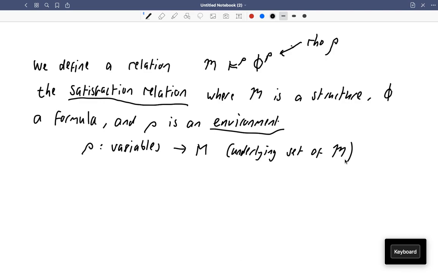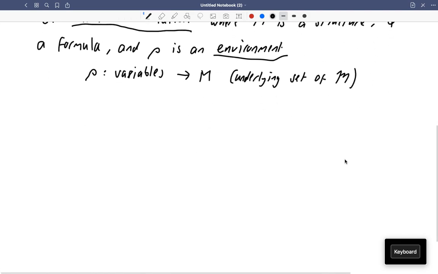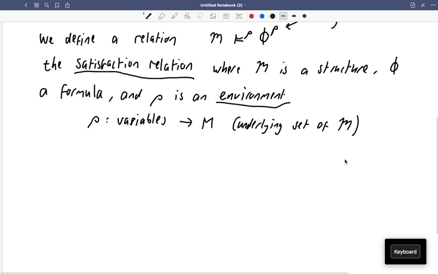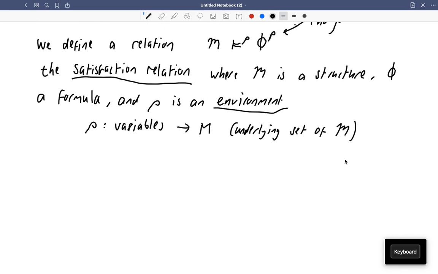Okay, so to define the satisfaction relation, we need to basically interpret formulas in the structure. That's what the satisfaction relation means. Now, formulas were built up, as you will remember from last week, using quantifiers and the propositional connectives, and, or, implies and so on, that we had in propositional logic.